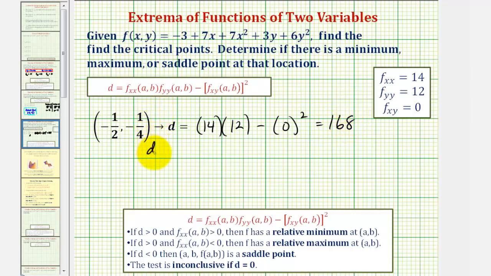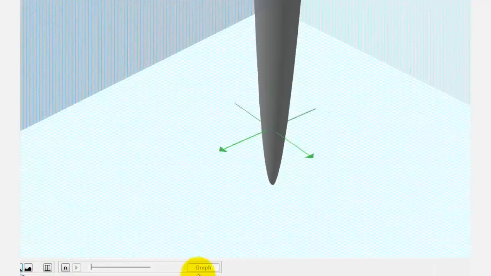So because d is positive or greater than 0, and also the second partial with respect to x is positive, looking at our list here, this tells us we have a relative minimum at the critical point, negative 1/2, comma, negative 1/4. To verify this, let's look at the graph of the surface in 3D.